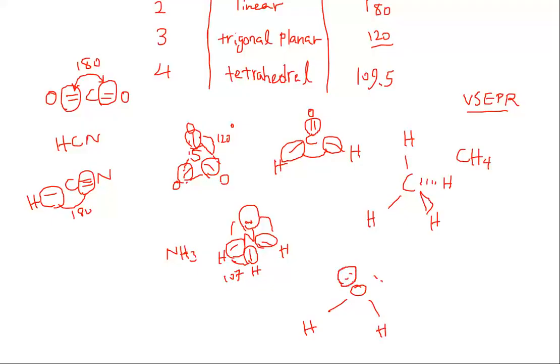So this is 1 electron region, 2, 3 and 4, and this angle will be 104.5, because again 2 lone pairs are free to move, are not bound to 2 atoms. They're more free to move, and so they exert more repulsion force on these bonds. That's why the angle will be smaller than in the case of methane.